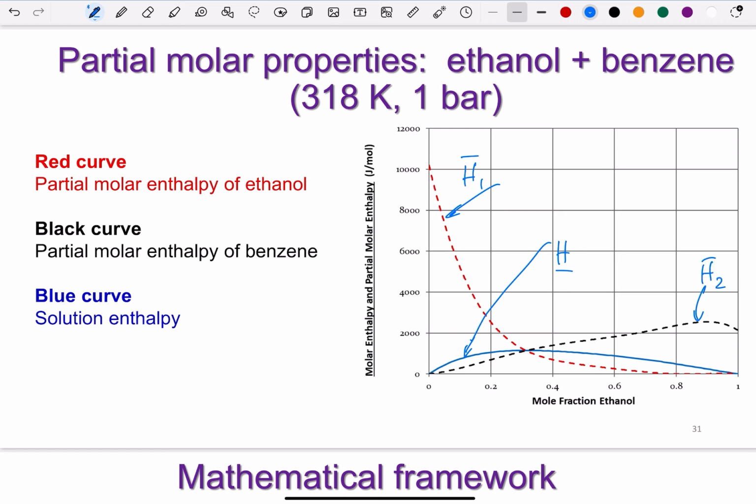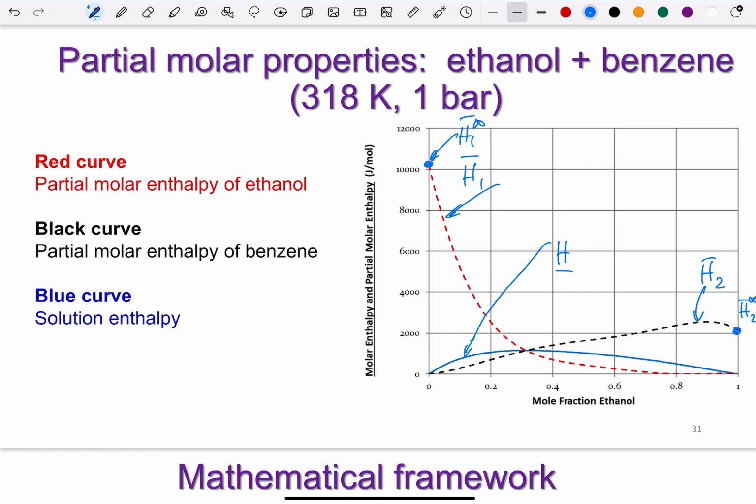Basically, this is the benzene that I have. You can see at this point I have H1 bar infinity, and at this point I have H2 bar infinity. That's the infinite dilution. You should be able to identify those things on the plots. These are the two limiting cases.